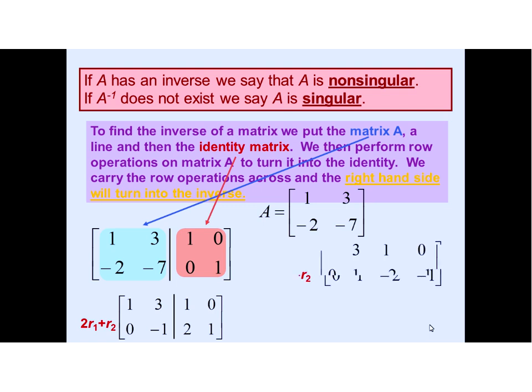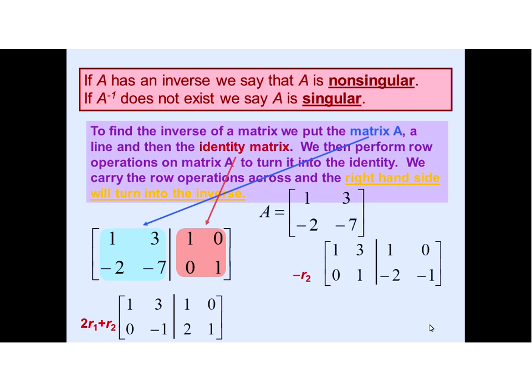Then again I apply a row operation, because I want to remove the minus sign from the 1, so I apply minus r2. Then our next target is to remove 3. In place of 3, I want 0. So what operation do I want to apply over here?